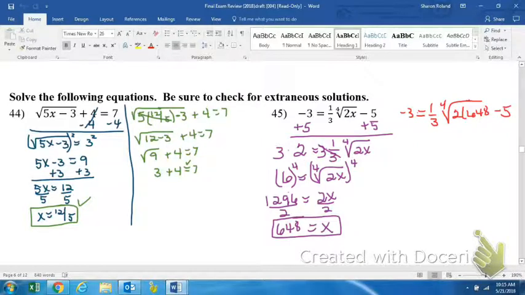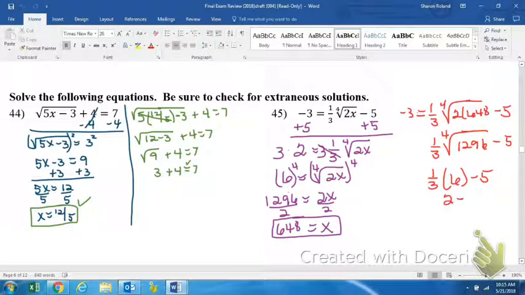And if you plug that into the calculator, that's 1/3 the fourth root of 1296, the fourth root of that is 6. A third of 6 is 2. 2 minus 5 equals negative 3, which is true, which tells us that solution is not extraneous.